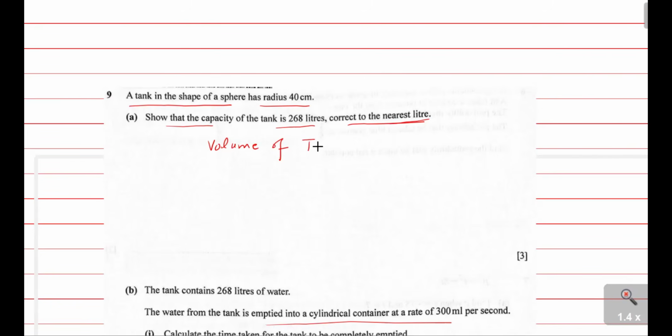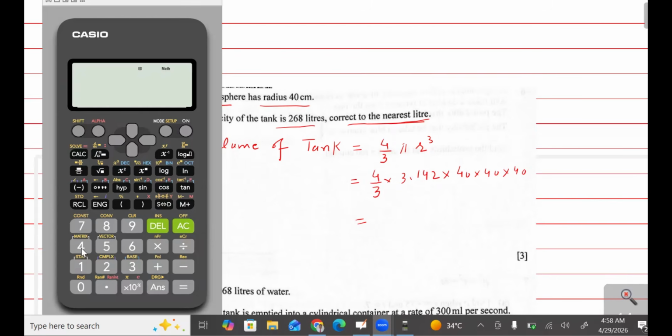The volume of sphere formula is 4/3 pi r cube. The value of pi is 3.142 and the radius here is 40 cube. This value will be equal to 4 into 3.142 into 40 cube divided by 3.